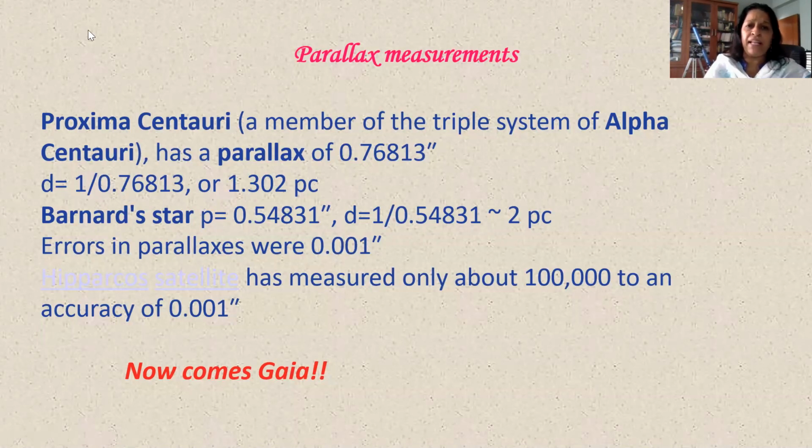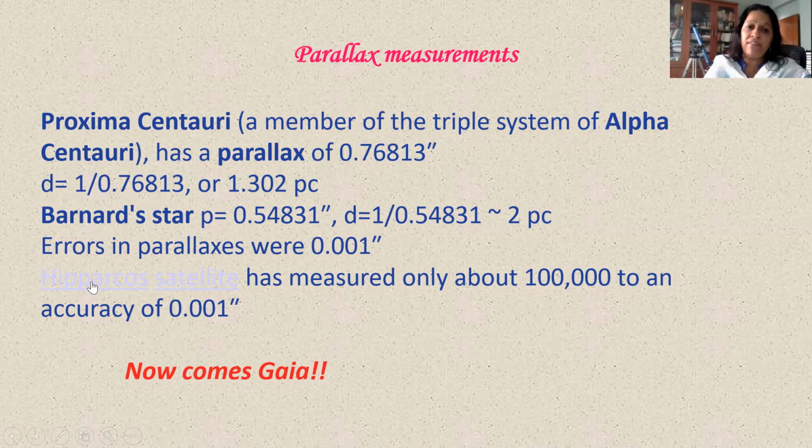What are the kind of parallax measurements that we actually do? The closest star we know to us after the Sun, obviously, is Proxima Centauri, which is a member of the triple system of Alpha Centauri. The parallax for this is 0.76 arc seconds, right? Which corresponds to a distance of slightly more than 1 parsec, since it is 1 upon 0.76.